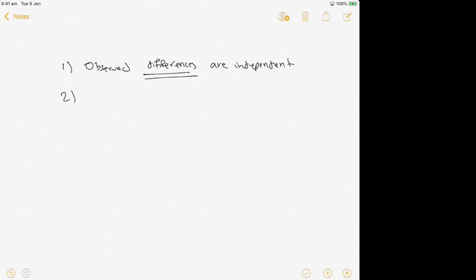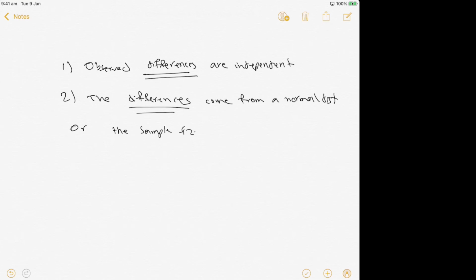And the second assumption is that the differences come from a normal distribution, or the sample size is large enough to rely on the central limit theorem. Let's see if they are met or not.